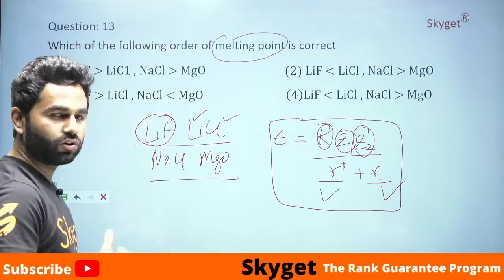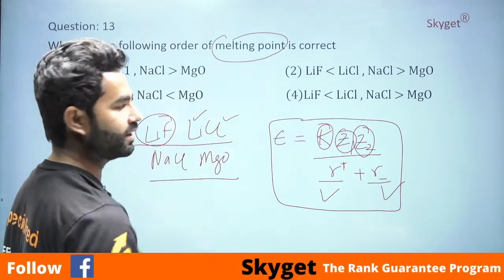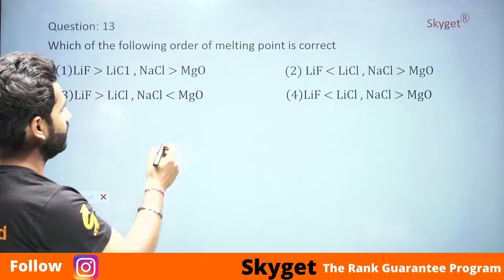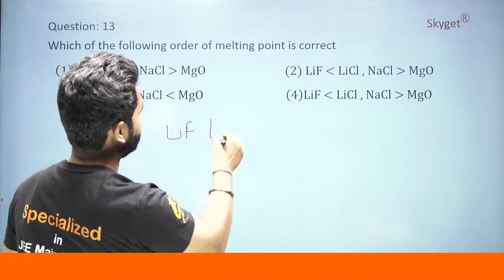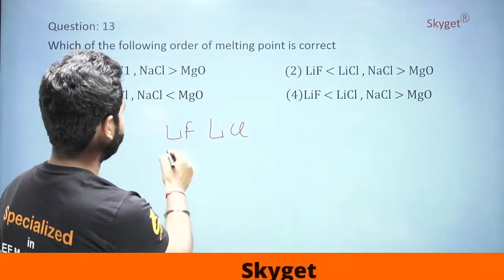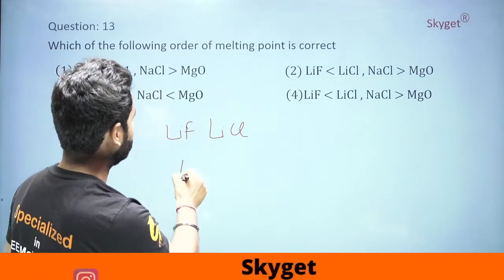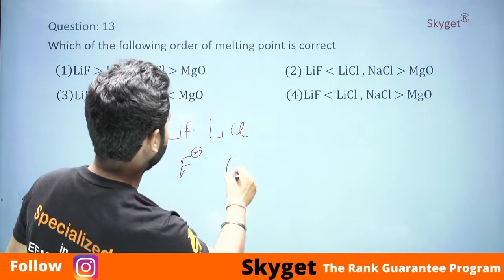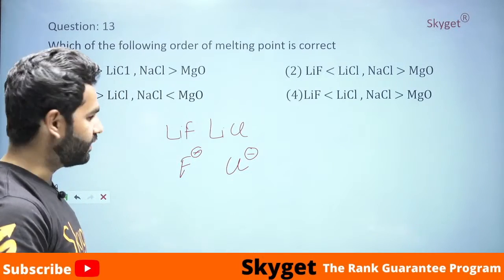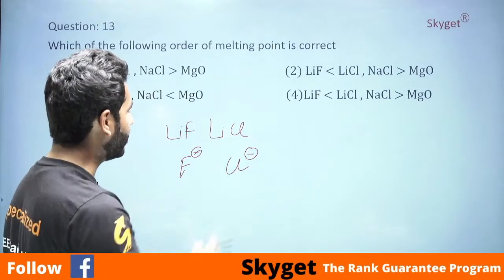Okay, now let's solve the problem with respect to melting point arrangement. Let's take the example LiF and LiCl. In case of LiF and LiCl, lithium is the common cation, so we take the anions F minus and Cl minus. We see that the charge on both the ions is the same, -1 and -1.